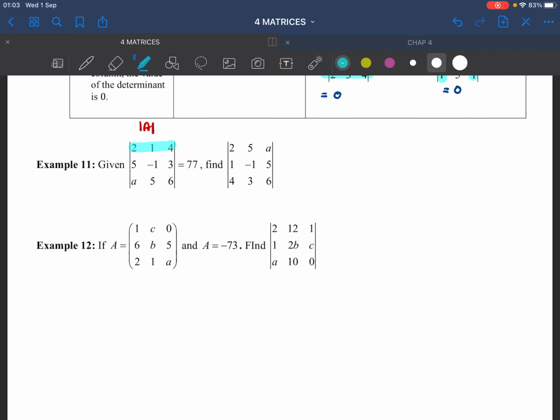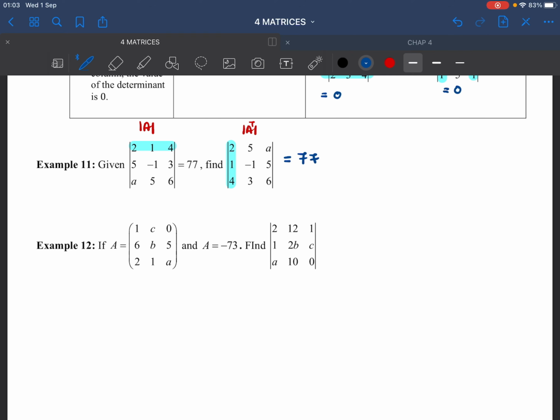Dia ialah, let's say this is 214. So ini dia ialah row, so ini dia jadi column, which is this is A transpose. Okay, so what we know is for determinant of A and A transpose, both are the same, which is kalau A kita 77, A transpose kita 77 juga. Okay, so please don't use formula banyak panjang, tak perlu. Okay, just use the properties.